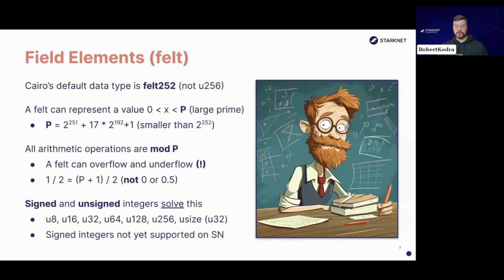Unsigned integers are represented by U8, U16, and so on up to U256. We also have usize, which by default is represented by U32, but you could take any size. Signed integers are supported on Cairo, but please note they're not supported on StarkNet yet. So you can use them in Cairo, but not on StarkNet.